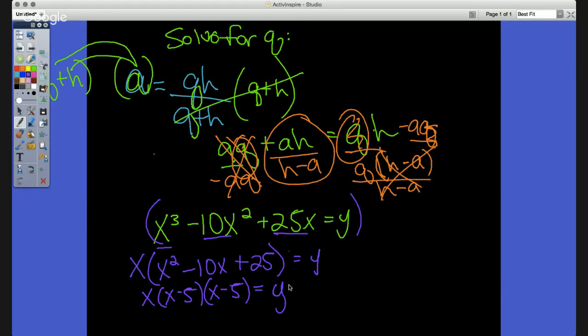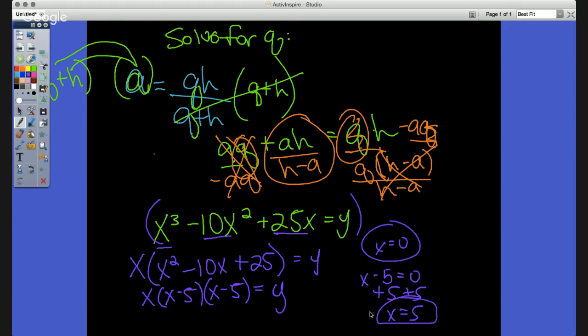So my question is, what are the zeros of this polynomial? Well, if we set all of these equal to 0 and solve, we get x equals 0, x minus 5 equals 0, and there's actually another one. So we would have x equals 0 and x equals 5. And there's also two of these, okay?